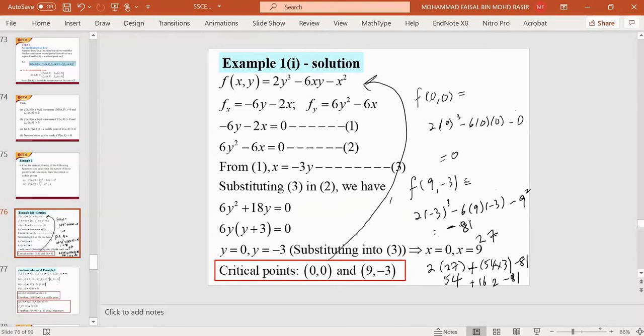Right? See, is there anything wrong? Cube minus 6 times 9, 54 times 3. Let me check. 54, 162 minus 81. So what will be correct? See anything wrong?